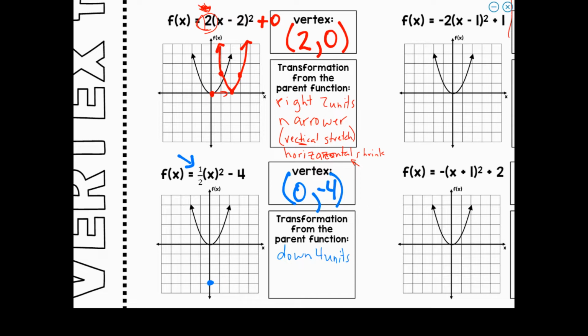Okay, it goes up 1 over 1.5. So these are the ones where I'm telling you to go ahead and put it on Desmos to clarify. Okay. So it goes up 1 over 1.5. So it is wider.